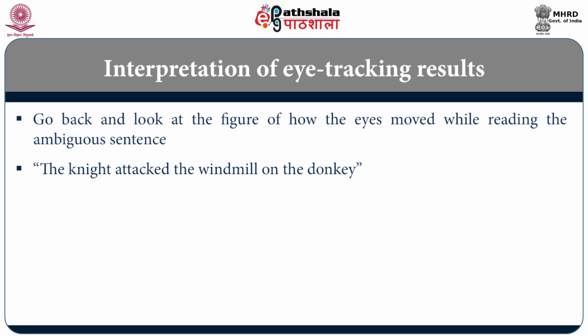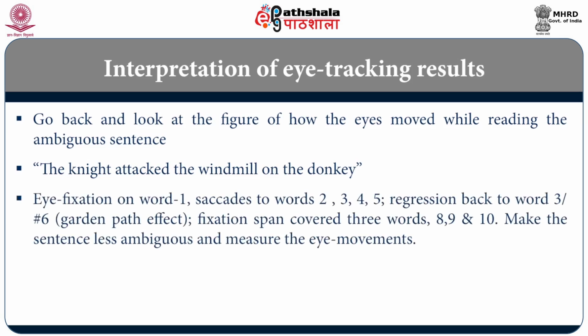If you make the sentence less ambiguous by rephrasing it, then the eye movements will also differ. So that's how you show processing of ambiguous versus unambiguous sentences is different in terms of time taken, eye fixations, eye span, and number of regressions. So this is how you measure reading comprehension, reading with comprehension.